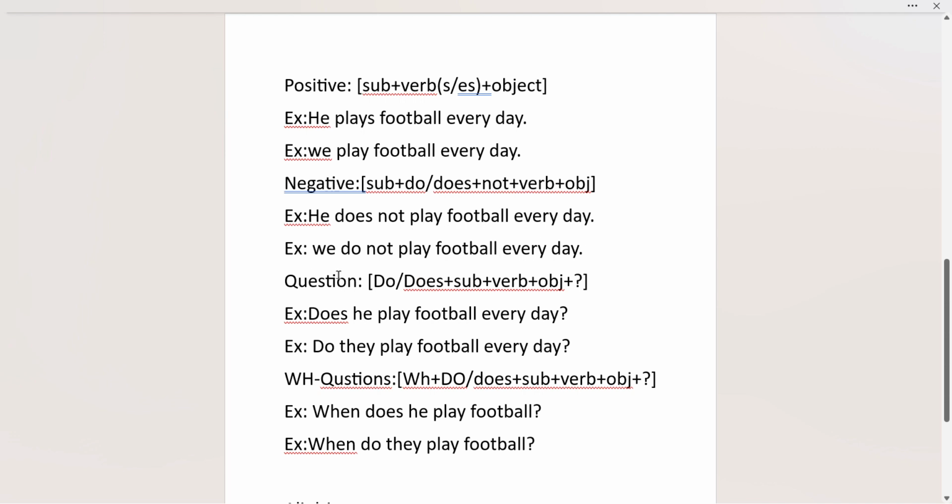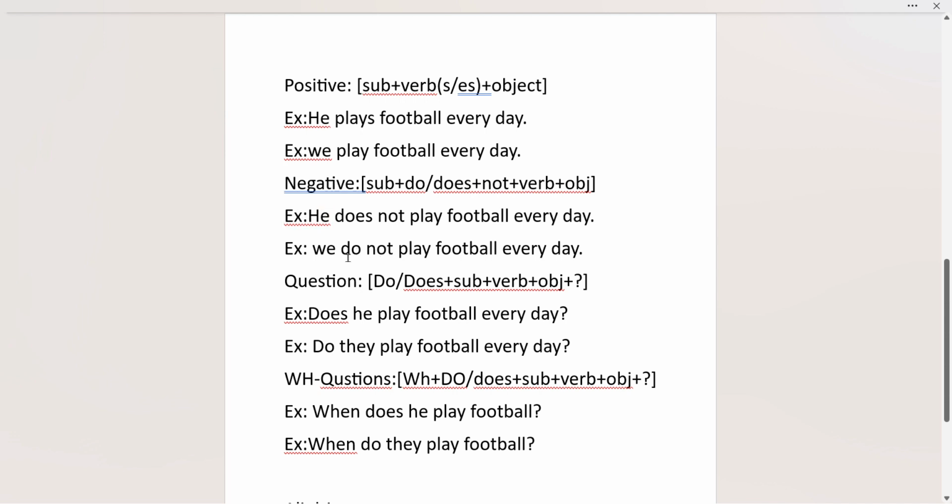So we have the plural here: we do not play football every day. And when we change the positive sentence into negative for the plural persons, we just add do not. Not is also very important in this sentence because it shows a negative condition.